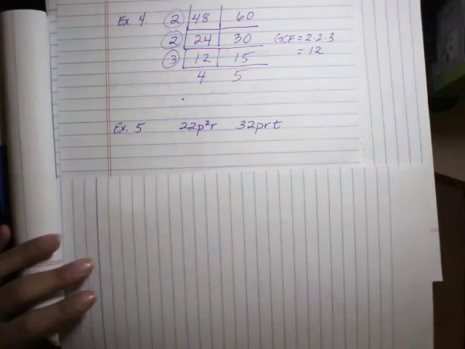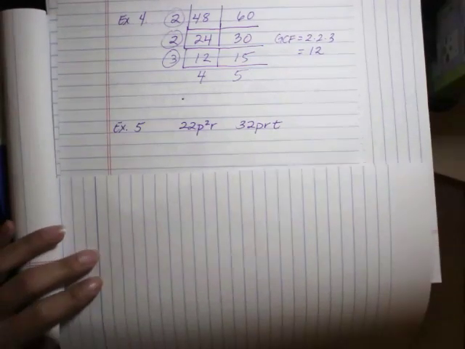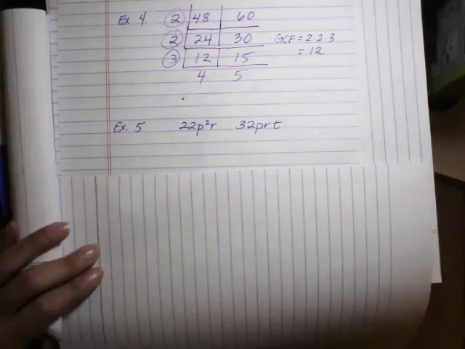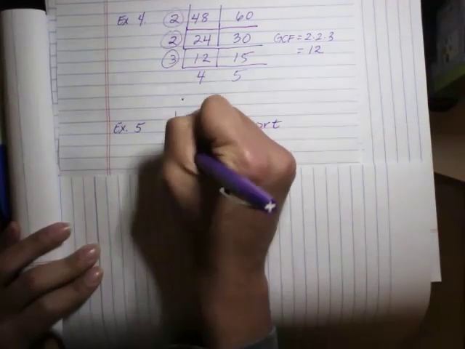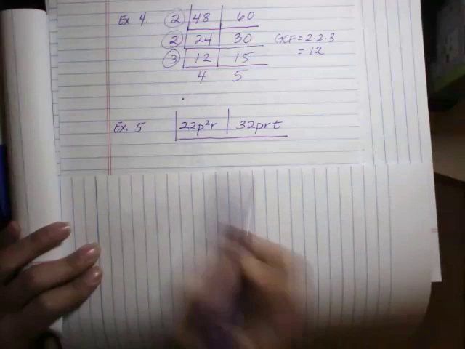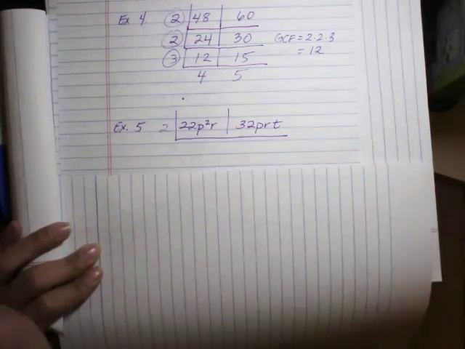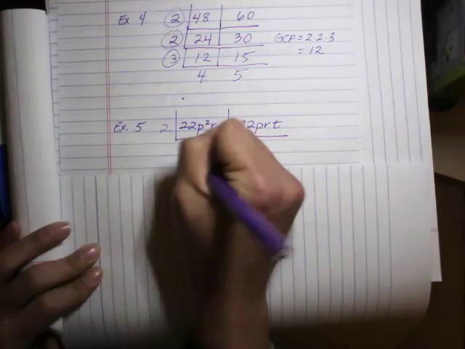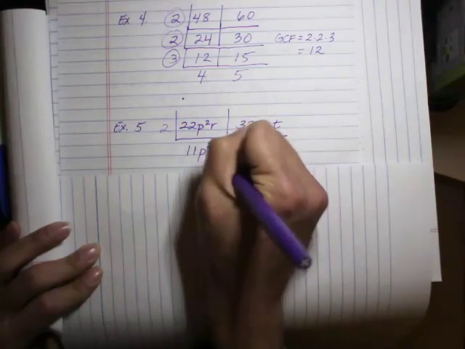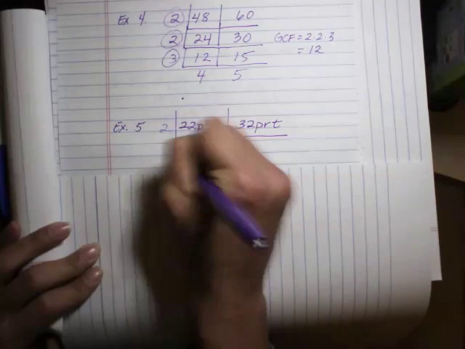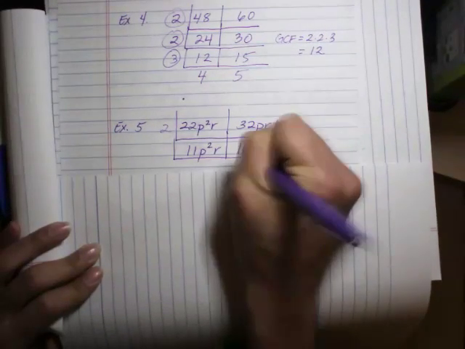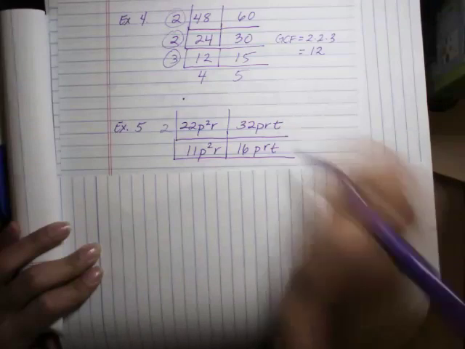If you have two monomials, what we're trying to get is the common factors between the two. So again, we're going to do our double ladder. What do these have in common? Well, I know they're both even again. I can factor by 2. So 11p squared r. Extending this ladder, I'll have 16prt.